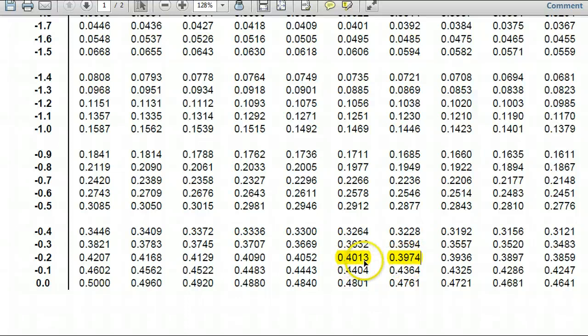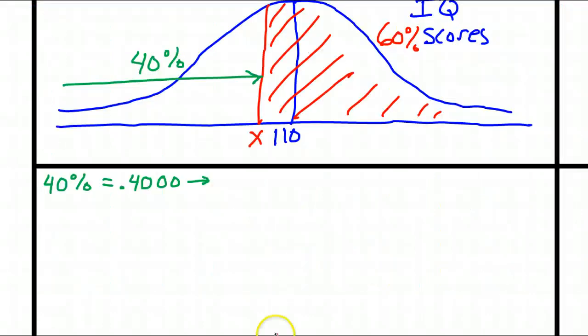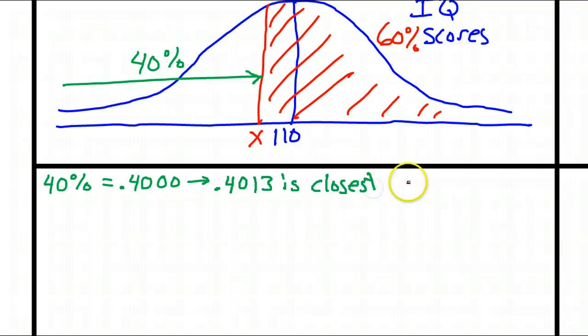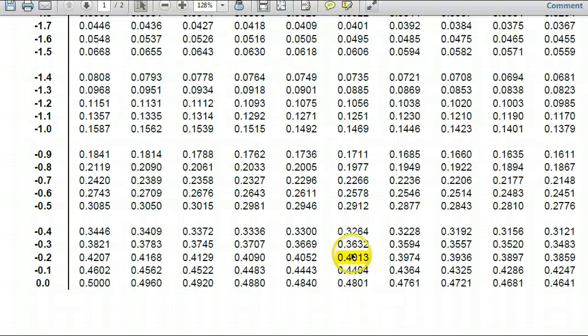So this is closer. So 0.4013. I'll delete this highlighting. 0.4013 is the closest. So just write that down. Is closest. And that is going to give us our z-score.